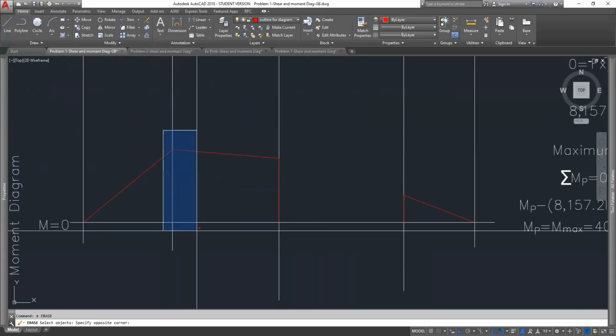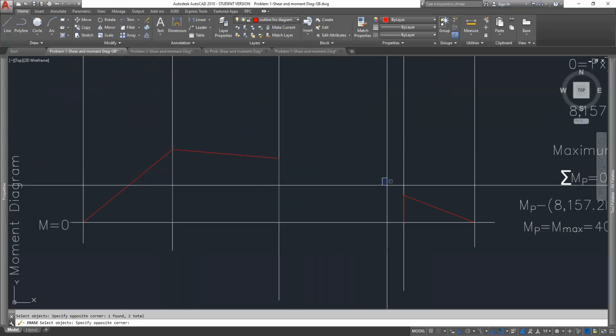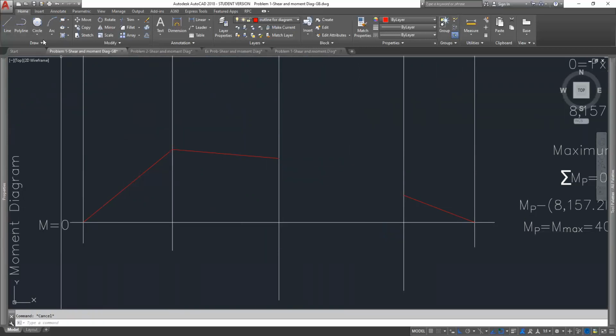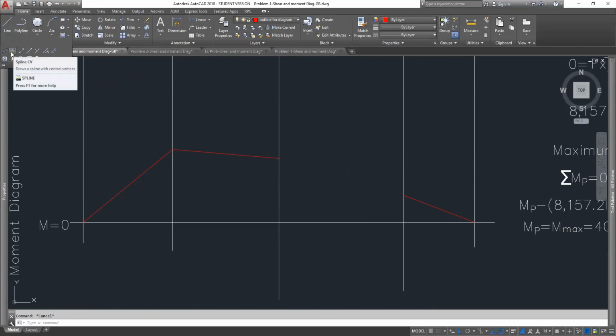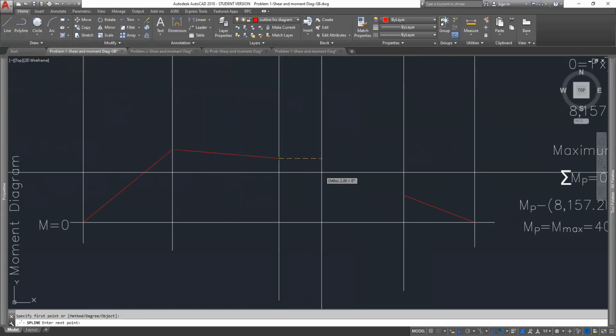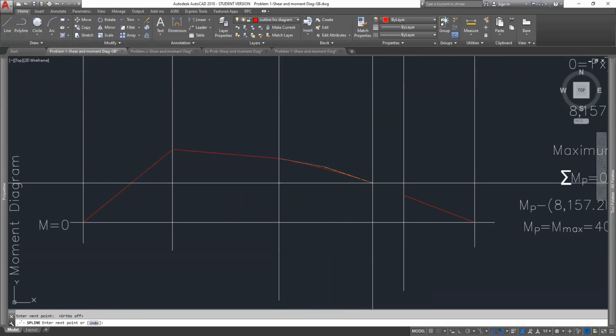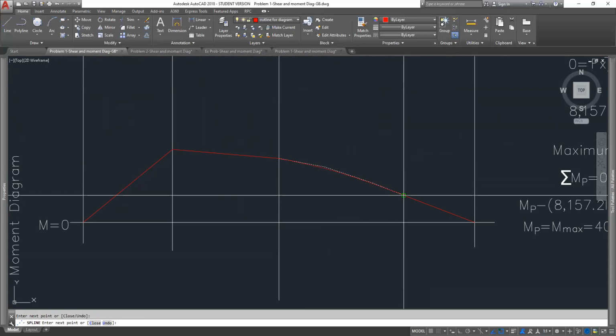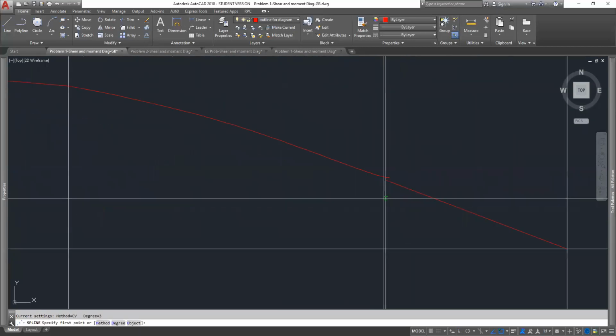So I'm going to go ahead and delete these lines. I don't need those. And at this point, what I got to draw is probably some kind of a spline line, located right into there.